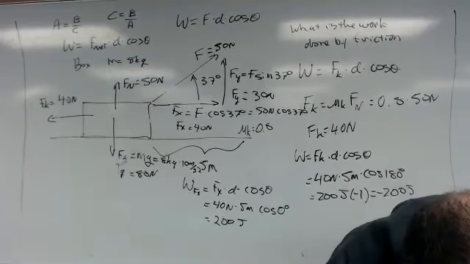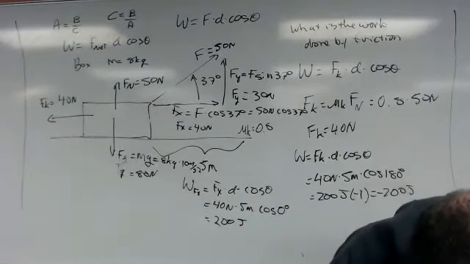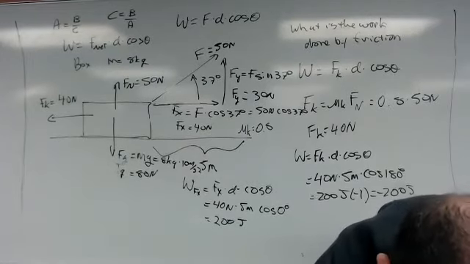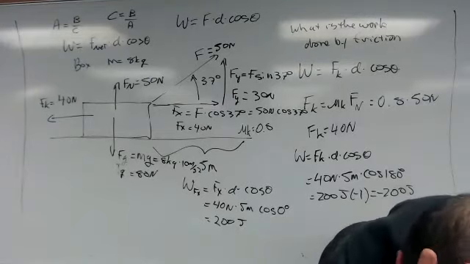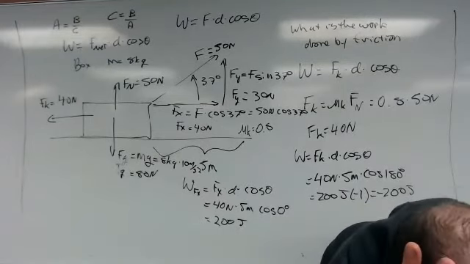A toy car of mass 2 kilograms is traveling to the right at 3 meters per second, and is acted on by a force of 2.5 newtons in the negative direction for 4 seconds. What is the change in momentum of the car? Is that what we're on?